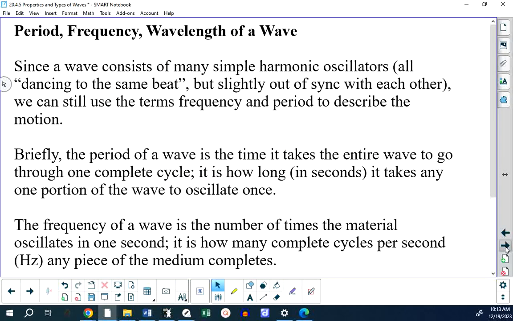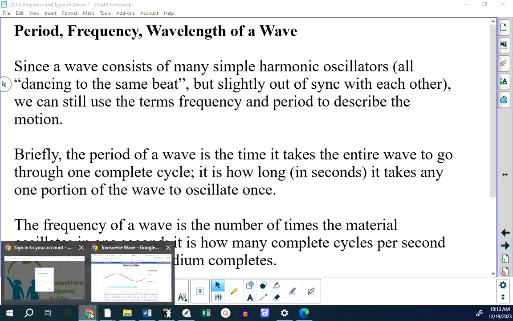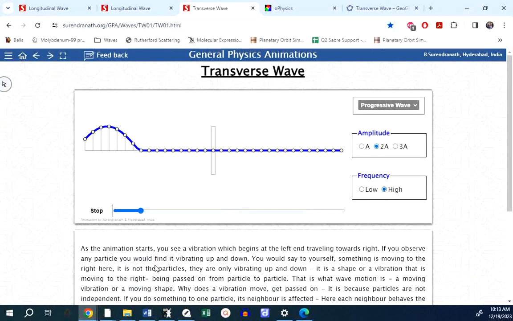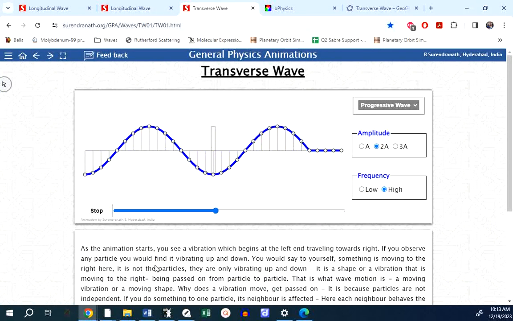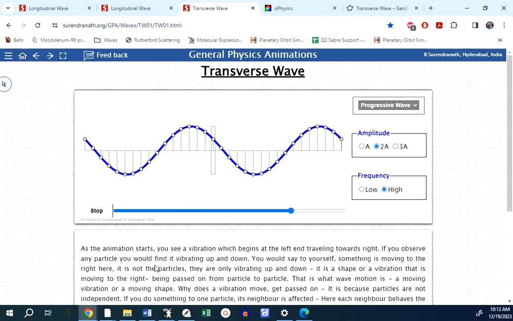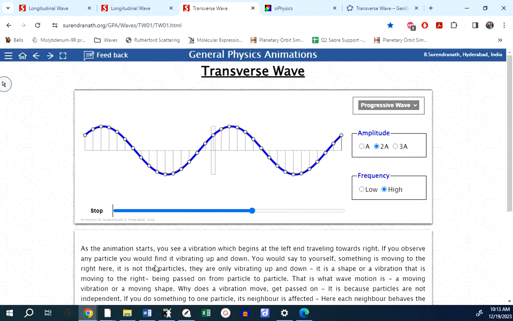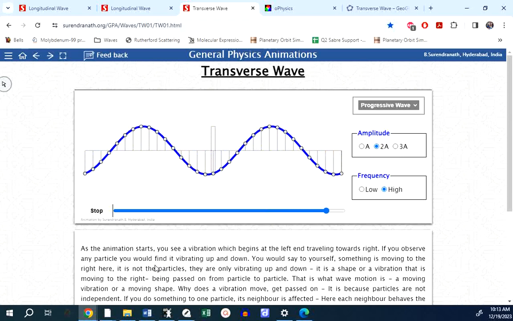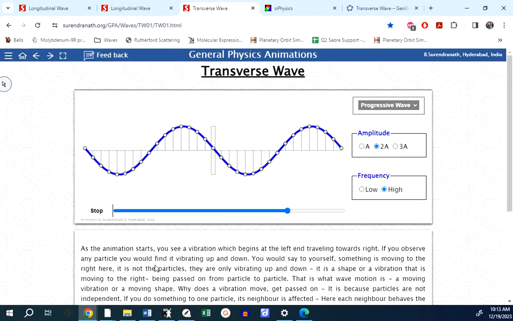The frequency of the wave is the number of times the material oscillates in 1 second. It's how many complete oscillations per second the medium makes. So let's estimate, it's going through a complete cycle about every 1.5 seconds.